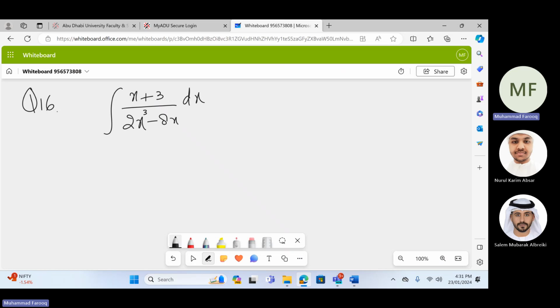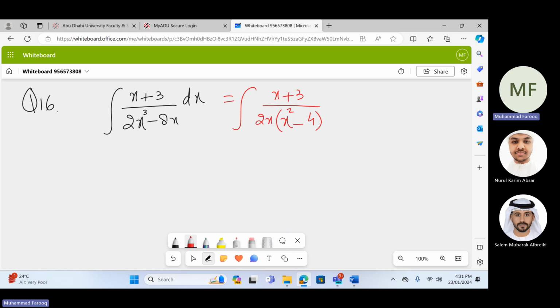Now, what's step one? Factorize the denominator. Don't touch anything in the numerator, please. So we have x plus 3 divided by, how can I factorize here? I can take 2x out as a common factor. So I have now x squared minus 4, am I right? Can I factorize more?